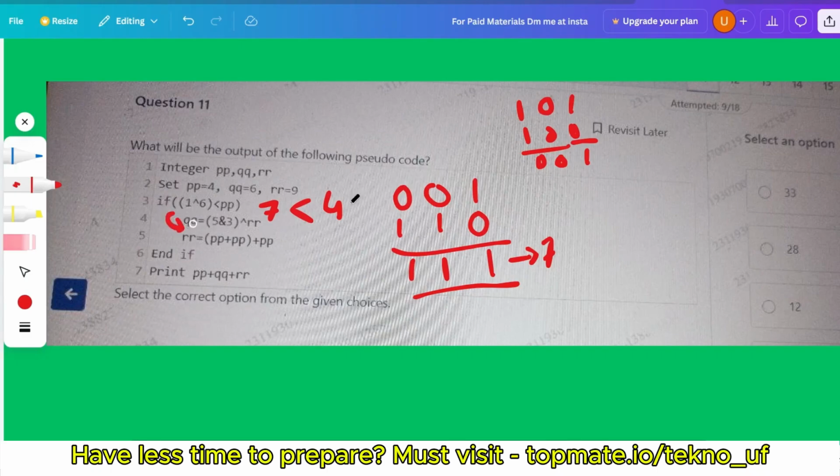As you can see, whenever you see a bigger question, some questions may contain 12 to 13 lines, some questions may contain 20 lines of pseudocode. At that time, don't be afraid, because most of the time the if block may not be executing.